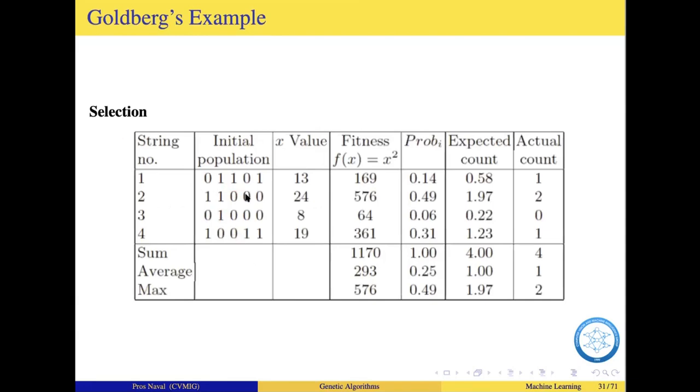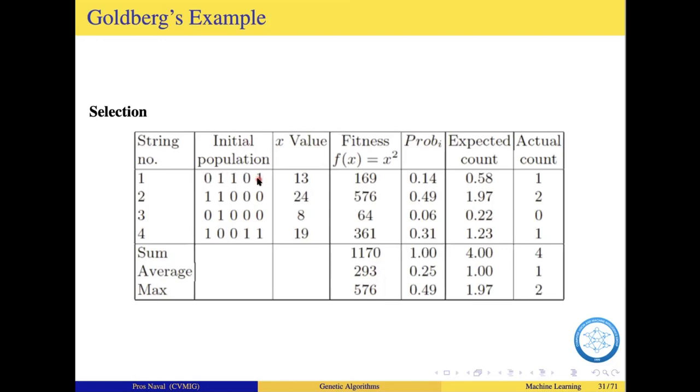Okay, so initialize the population. You have string 1, individual 1, 2, 3, and 4. And these individuals have chromosomes with 5 genes. For the first individual, you have this value, gene 0, 1, 1, 0 and 1.